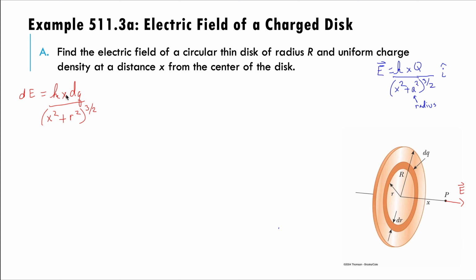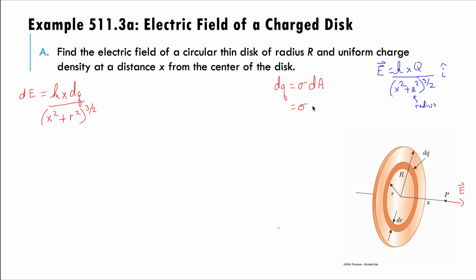So hopefully you can see that the dQ actually depends on r. Might not be super obvious, but you can write dQ using its definition, sigma dA. That's the definition of dQ. So what is dA? That's the area of that ring, right?